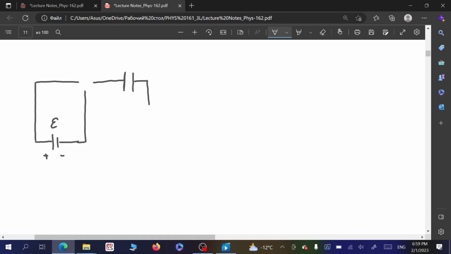So we have some battery with electromotive force epsilon. Then we have a capacitor and a resistor.